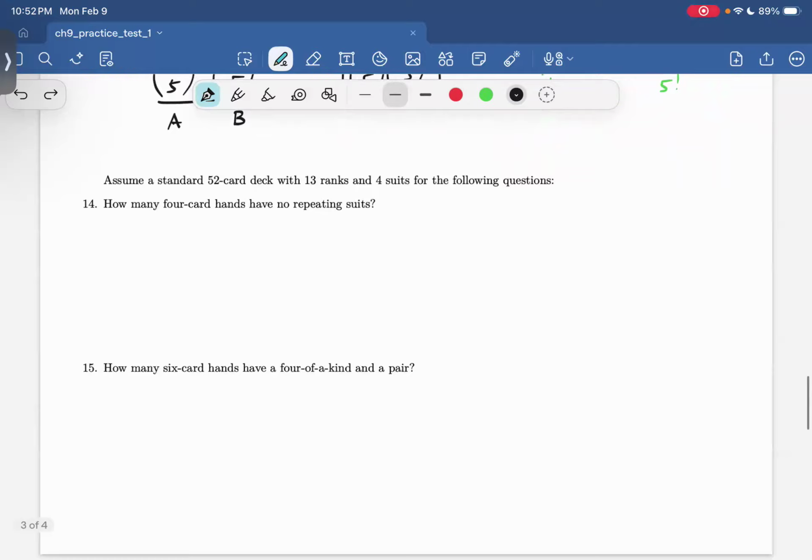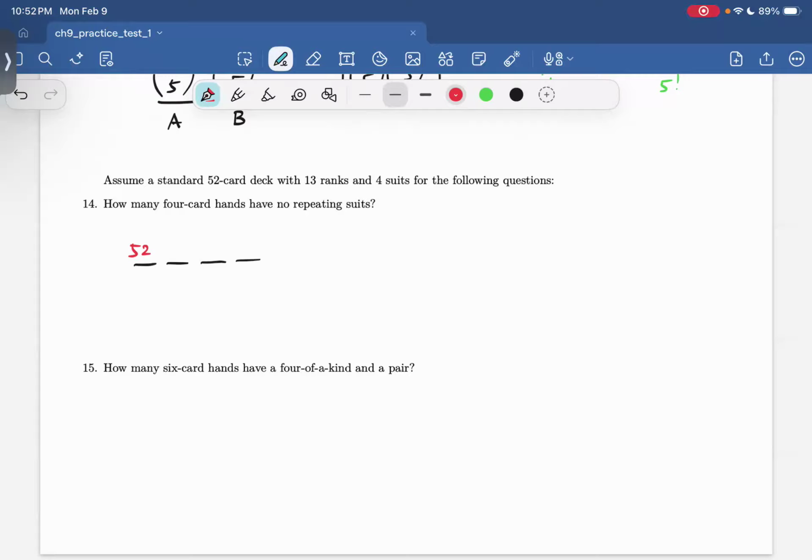All right. Question 14. How many four-card hands have no repeating suits? Let's try to construct the hand. For the first card, you can choose anything. For the second card, we have to choose something from a different suit.